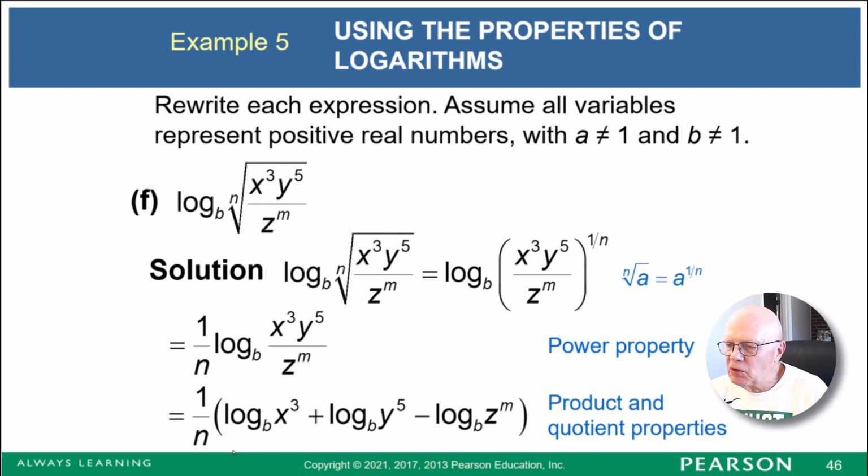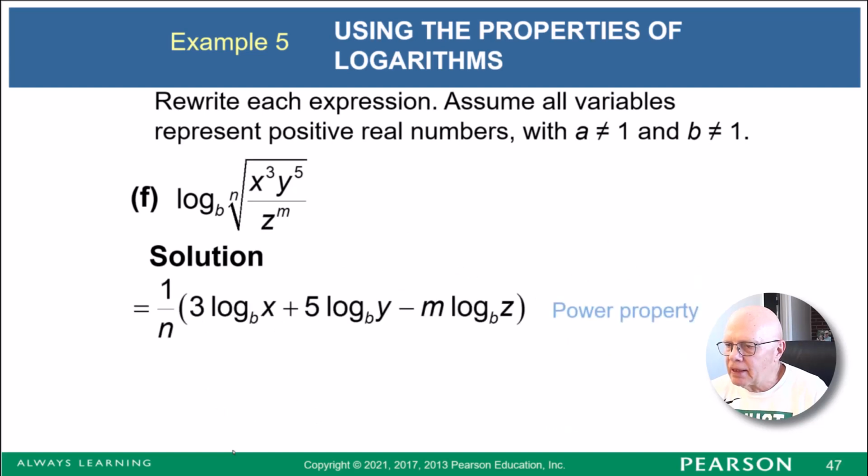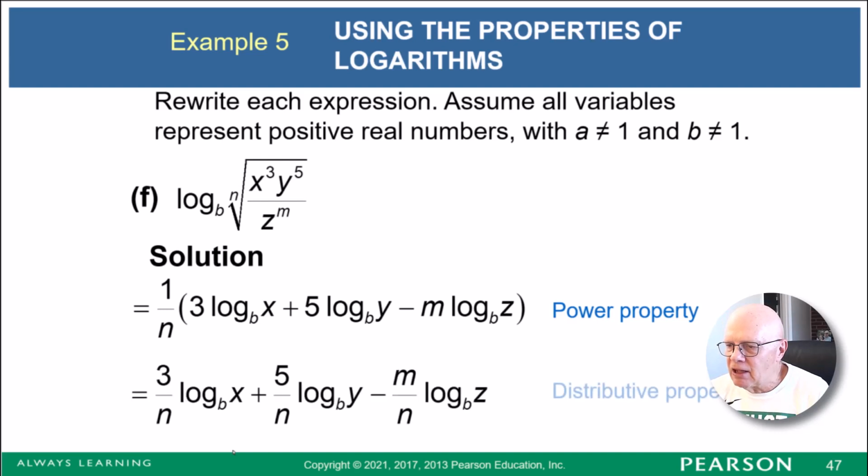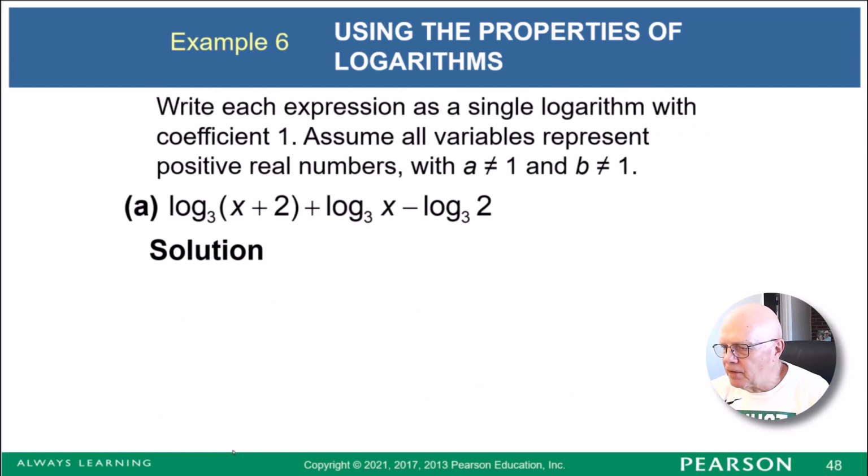You've got x cubed, y to the 5th, z to the m. And then bring those exponents out in front of the individual logs, 3, 5, and m. And then multiply through using the distributive property. And there's your final result. Feeling more comfortable?